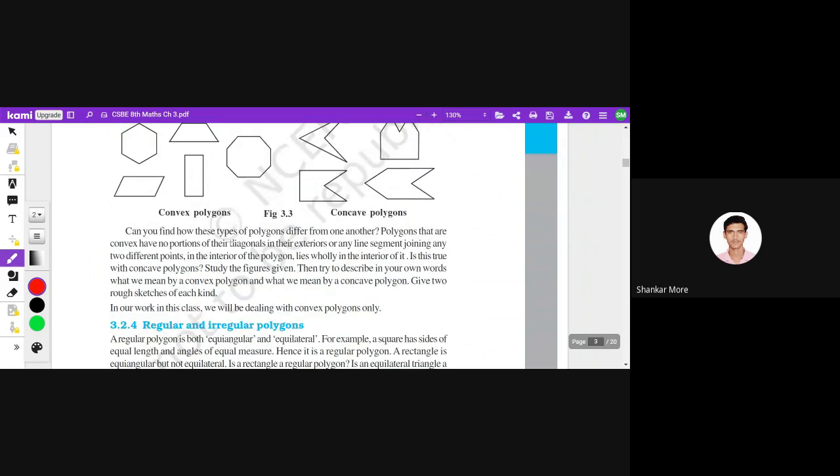Can you find how these types of polygons differ from one another? Polygons that are convex have no portions of their diagonals in their exteriors, or any line segment joining any two different points in the interior of the polygon lies wholly in its interior. Is this true for concave polygons?